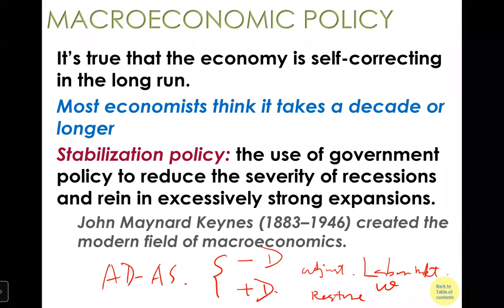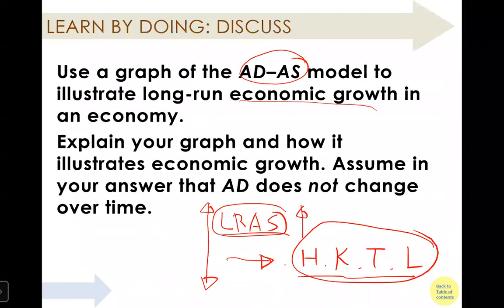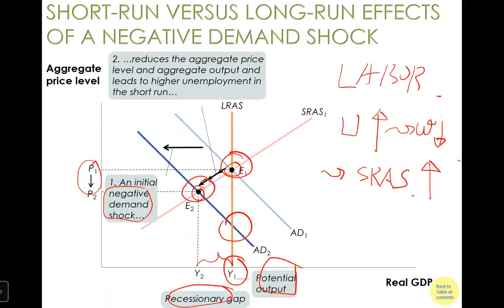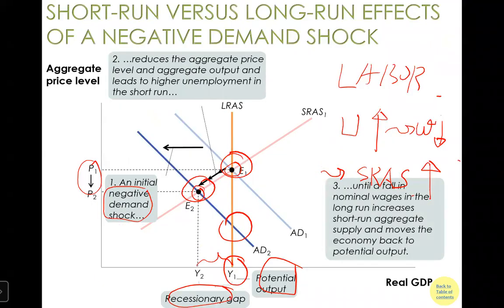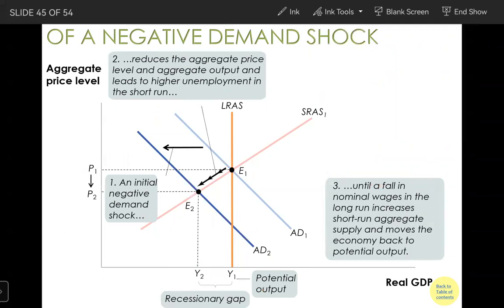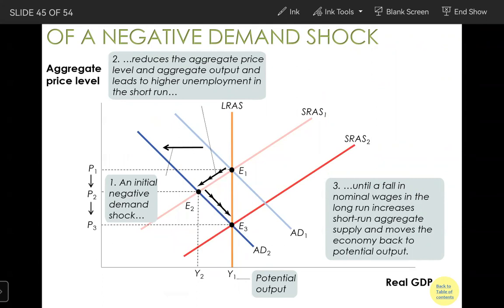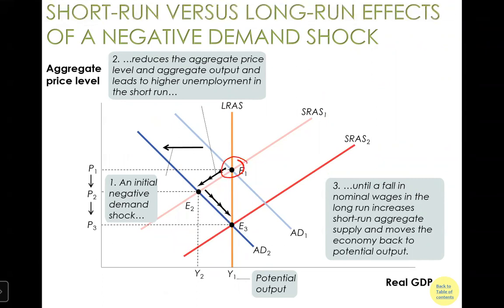However, let's go back to the previous graph and look at this adjustment process. Use a negative supply shock as an example. By the way, this process from E1 to E2 and E3 is self-correcting.